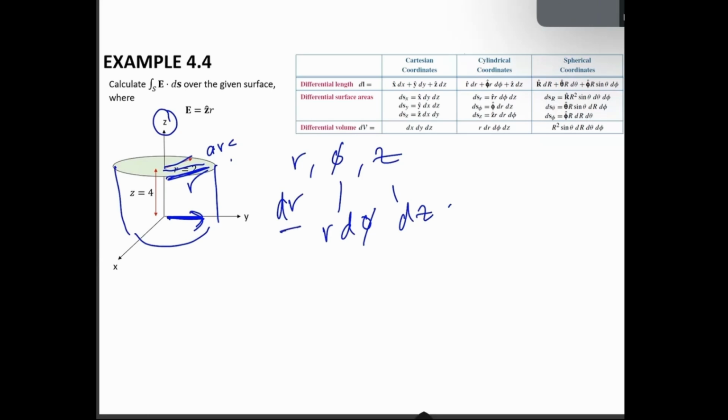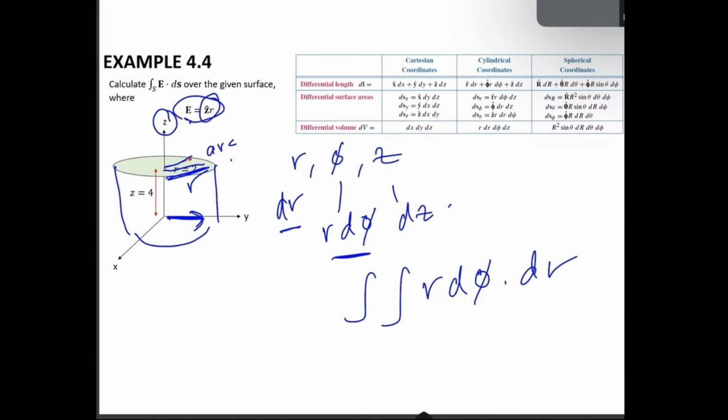So dr times r dφ. In this case, the given is e equal to zr.